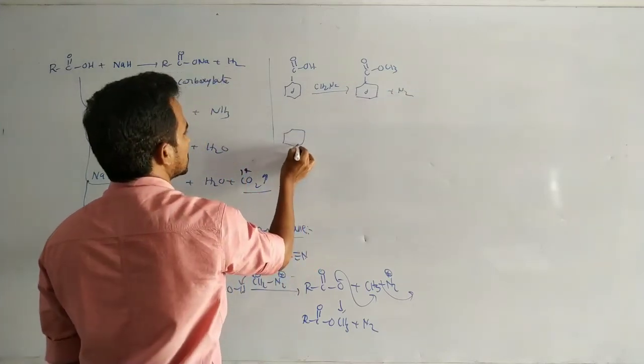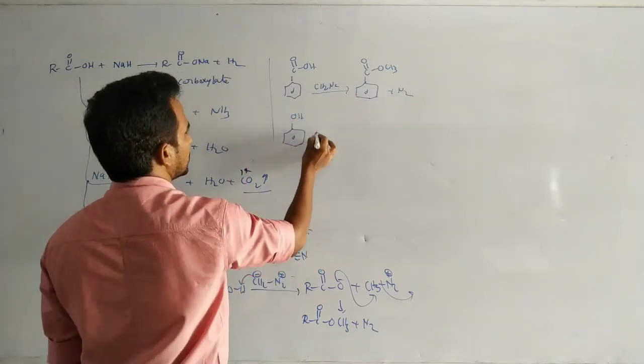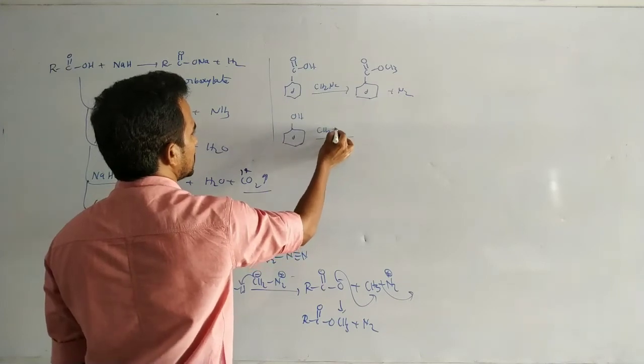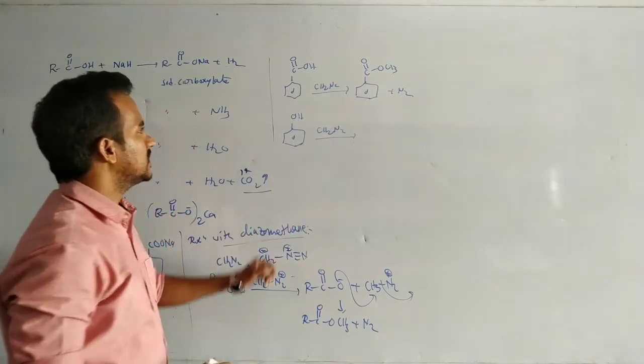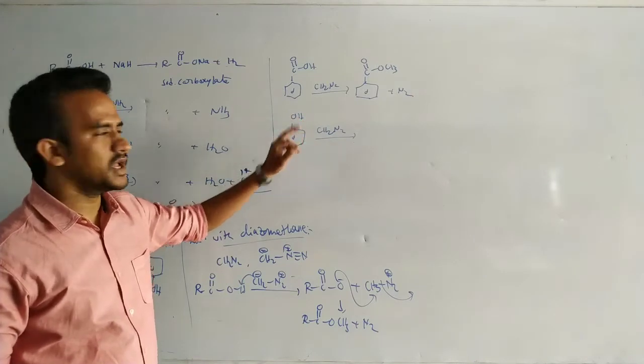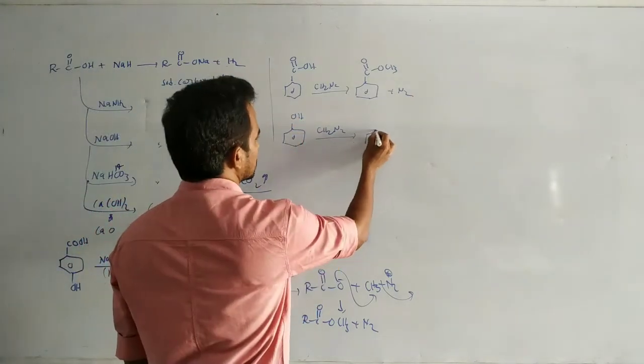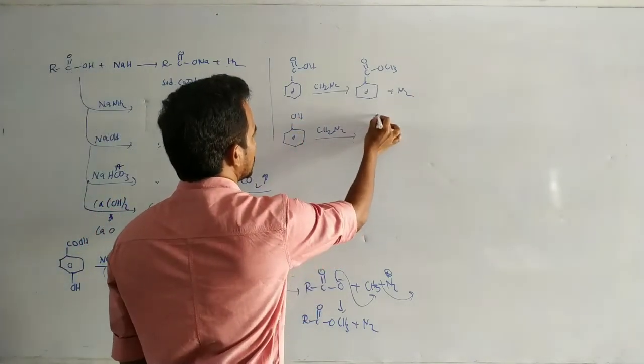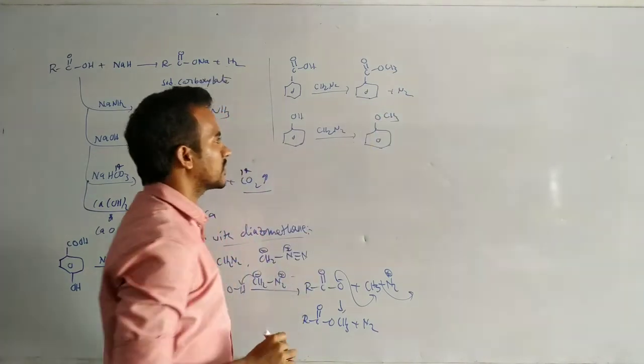And here this diazomethane, CH2N2, can react with phenol also. Yes, there is an acidic hydrogen, so that OH is converted to OCH3.